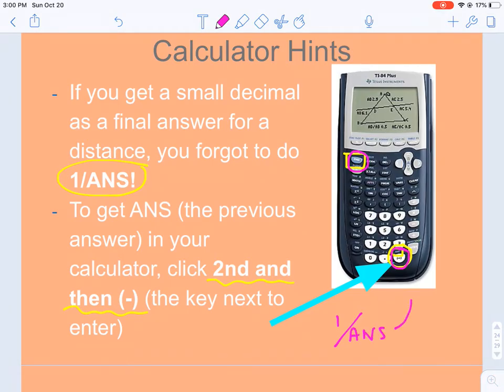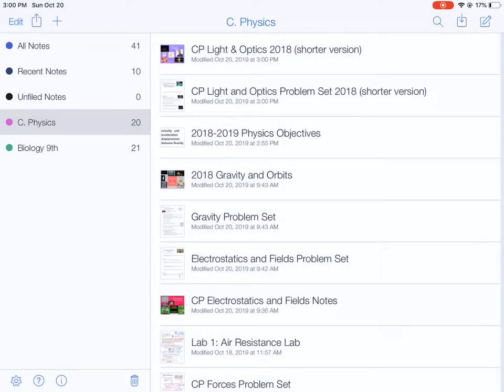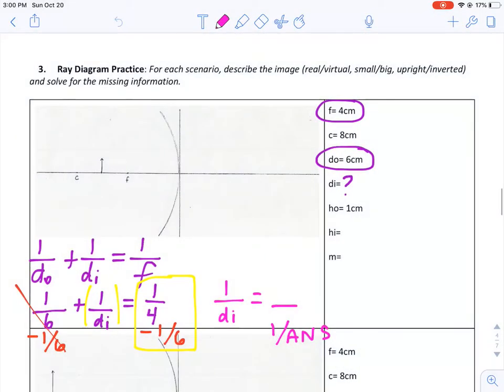And what it means is the answer that you got previously. That should then give you a final answer that is not a decimal, but a regular number like 10 or 8 or 12 or whatever it may be. It might have a decimal on there, but it's not like 0.1. And that's your DI right here. So whatever you get for your DI, you're going to put right in there.